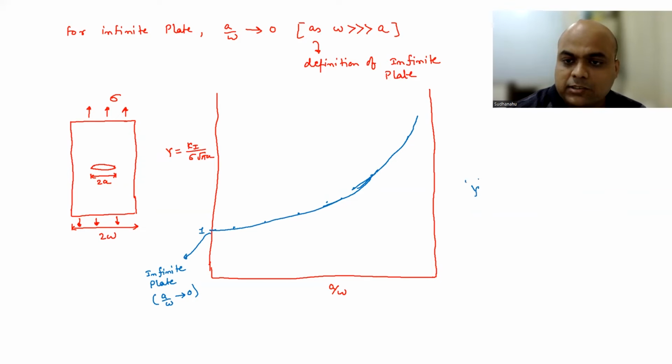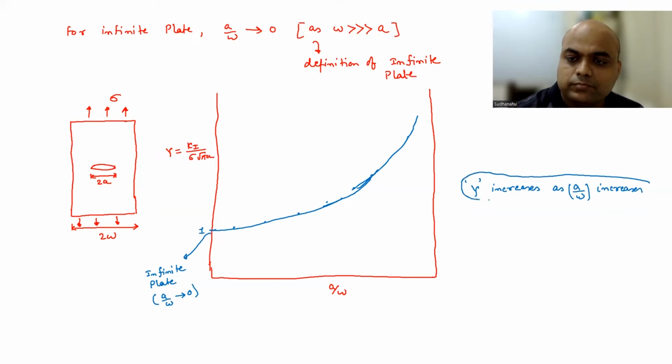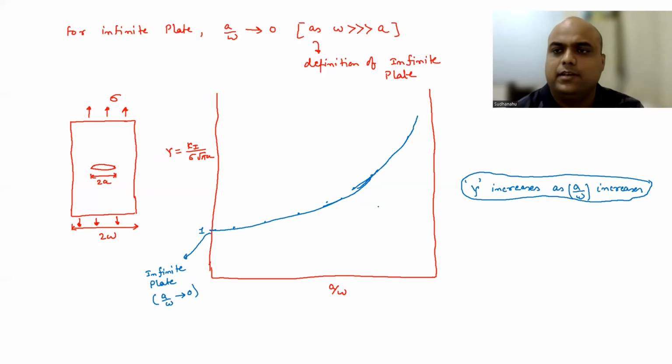So why does the structure factor increase as A by W increases? Okay, so now if I plot this nicely in say MATLAB or even in Excel, you can obtain this line, fitting curve. So there will be some expression for Y with respect to A by W, which is this fitting curve here.